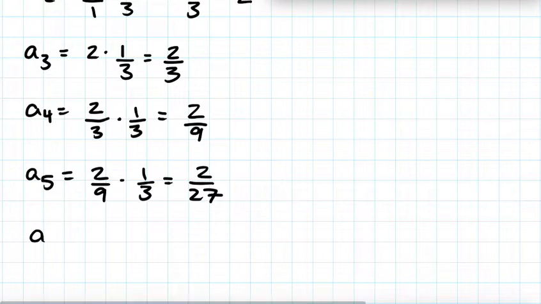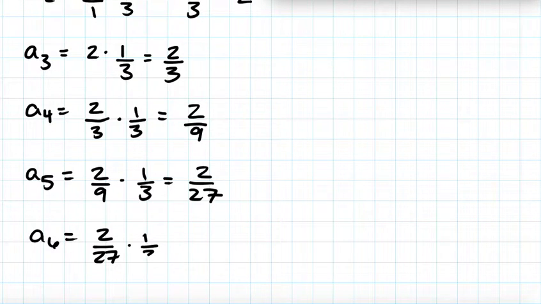The sixth term is going to be 2/27 times 1/3, which is 2/81. So just like when we've done this before, each term is going to have its own separate answer box.